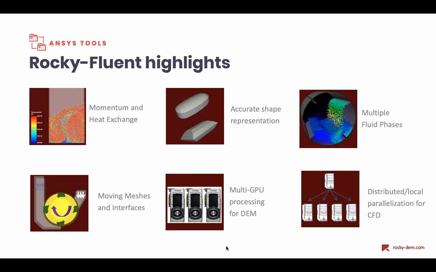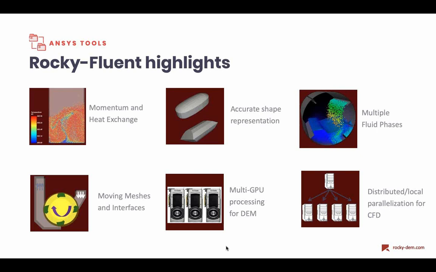And on the processing side, the beauty of this integration is that you don't need to run Rocky on the same CPU that you are running Fluent. Rocky is somehow cloud ready or HPC environment ready. If you have GPUs available, Rocky can be used on the GPUs, and Fluent can use the CPU, so they do not compete for the same hardware resources while the integration is being done.